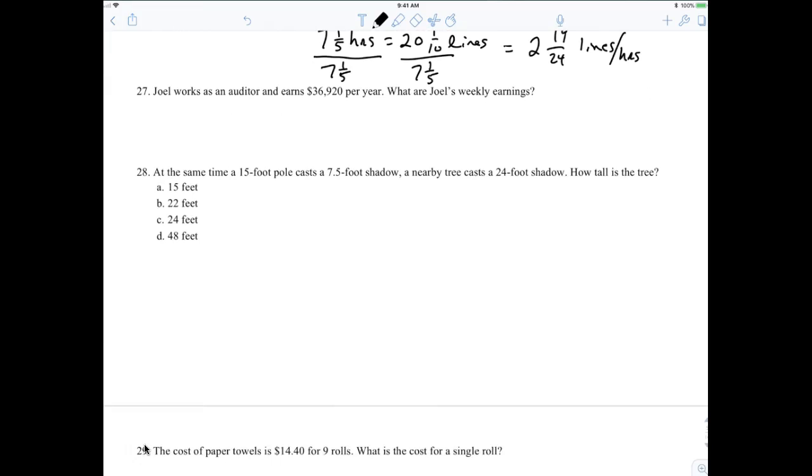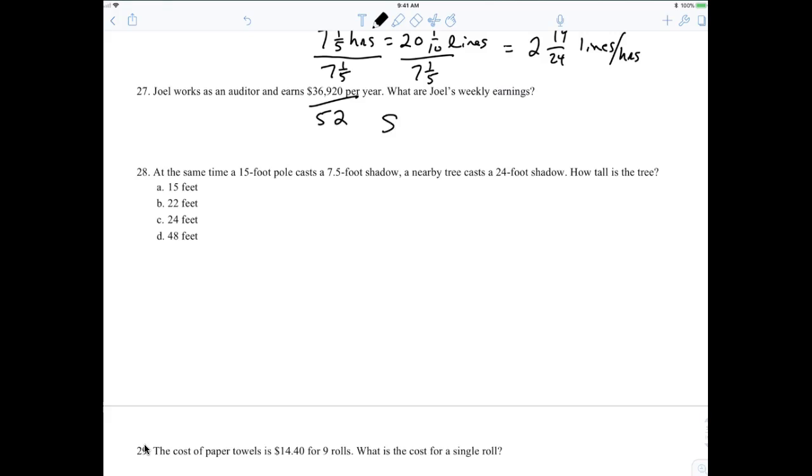All right, Joel works and makes $36,920 per year. What does he make per week? Wait a minute. He makes that per year. So how much does he make per week? Oh, you divide it by 52. Yes, you divide by 52. All right, so again, this would be a good one to use your calculator on. So type it in.